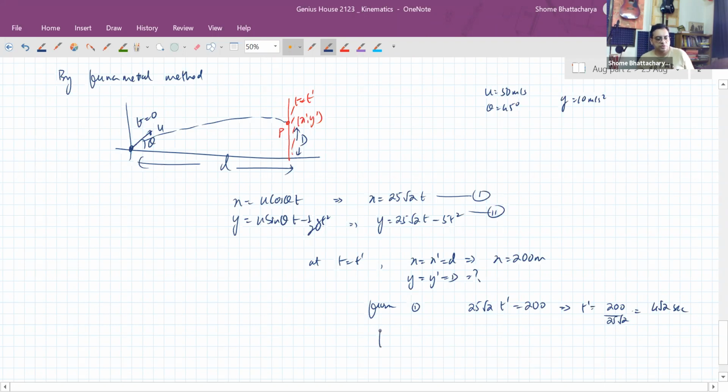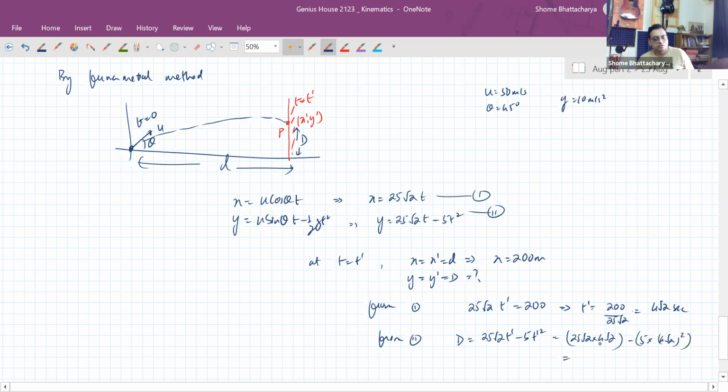And from equation 2, D is equal to 25 root 2 t prime minus 5 t prime square. So 25 root 2 into 4 root 2. It's not that it's something very difficult to calculate, it's just tedious.